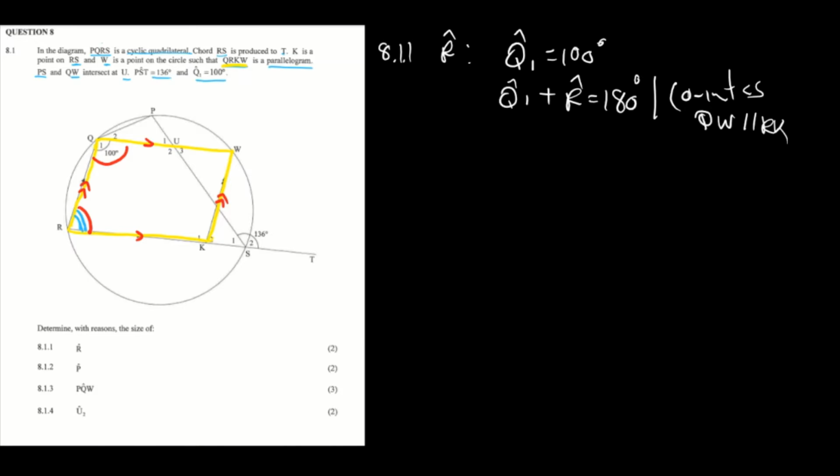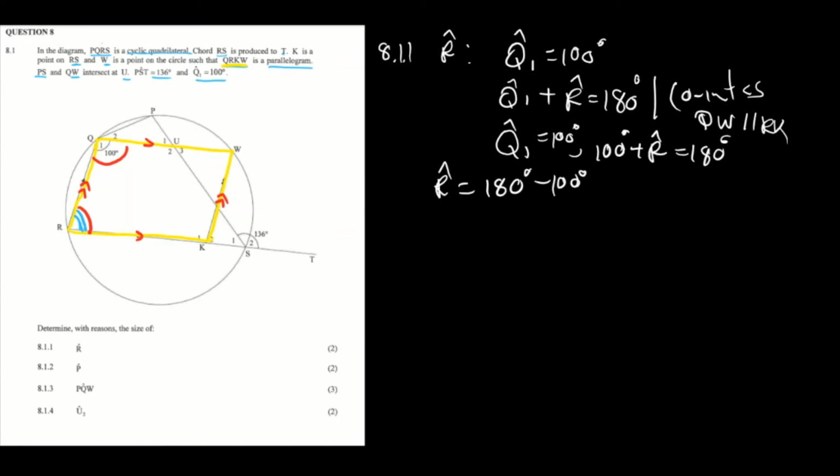So 100 degrees plus angle R equals 180 degrees. Transposing, angle R is equal to 180 degrees minus 100, which gives us 80 degrees. So this is our angle R.